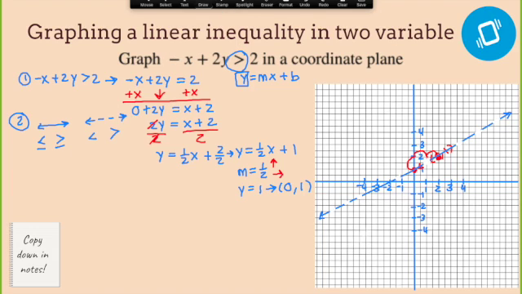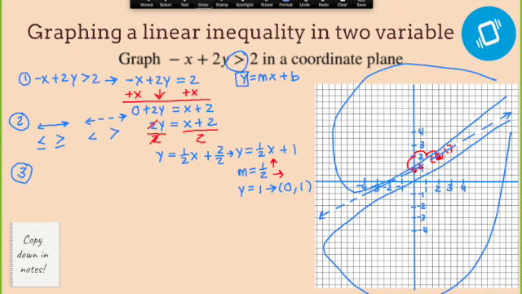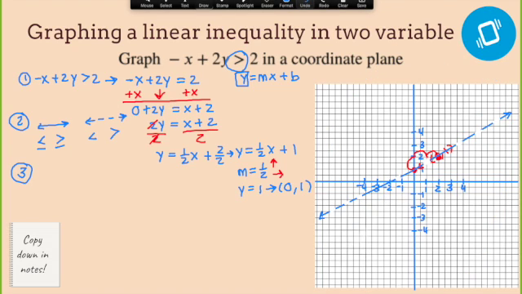Then the third step is to identify the shaded region. So to find the shaded region, I need to pick a point that's pretty obvious. It's either on the bottom or on the top of this image. And I guess I'll just work with the bottom one, just because there's no real reason.